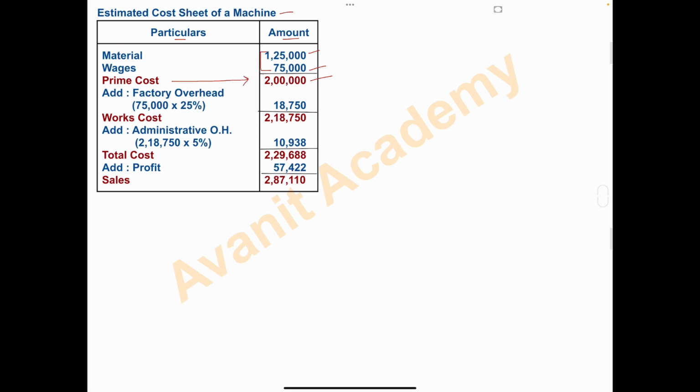After prime cost, we'll add factory overhead. In that paragraph, they have not given any information related to factory overhead, but certain formulas are there. By taking these formulas and by referring to the previous cost sheet, we can calculate the percentage of factory overhead.